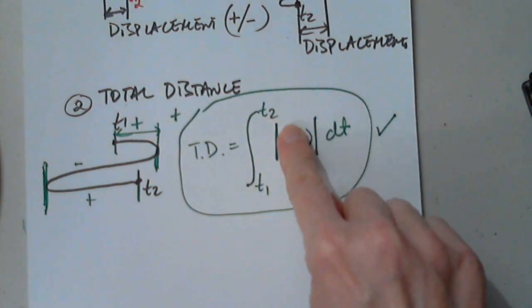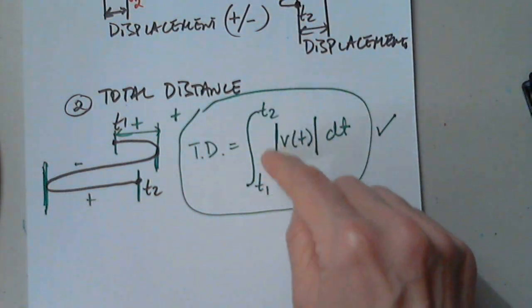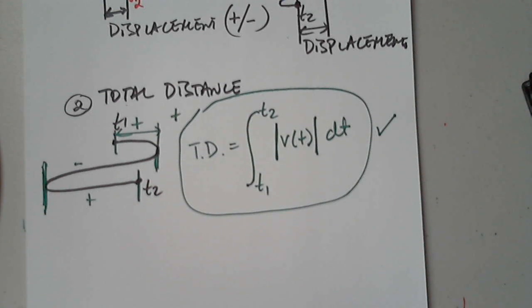Of course, remember this has to be a continuous function on the given interval. Okay, so that's what I would like to practice next. And I want to go to 5.4 here.